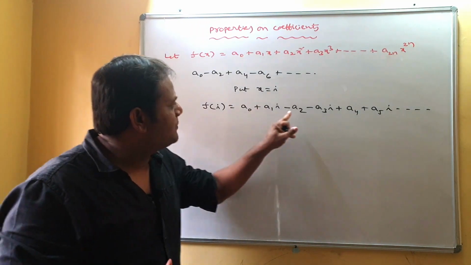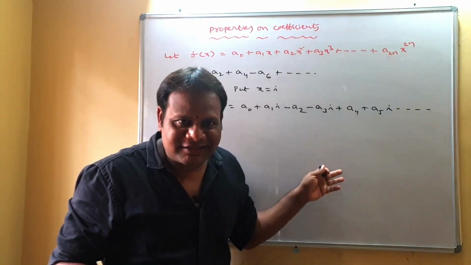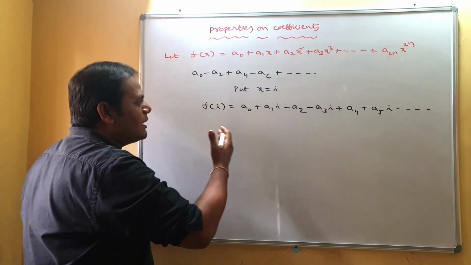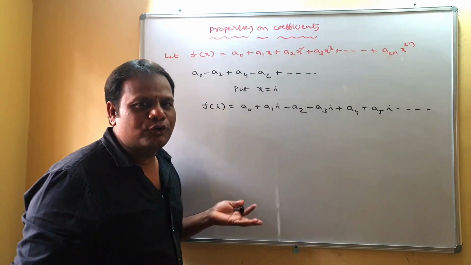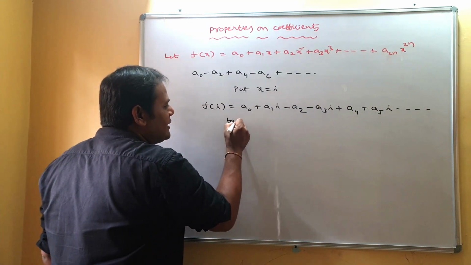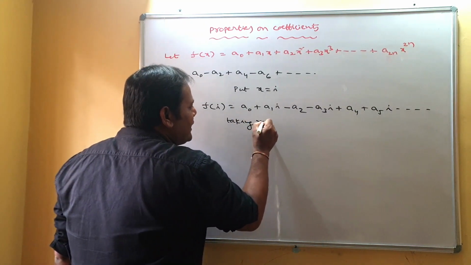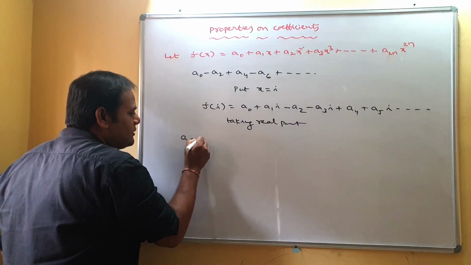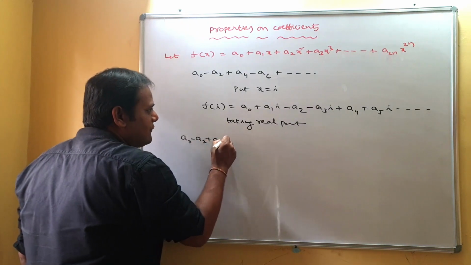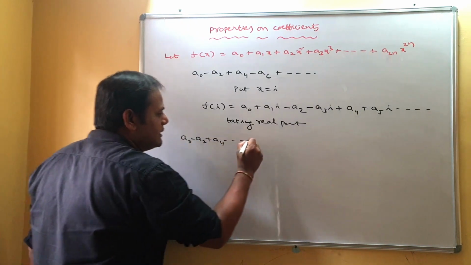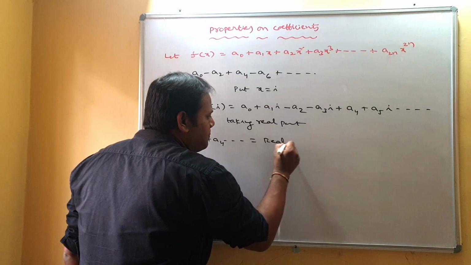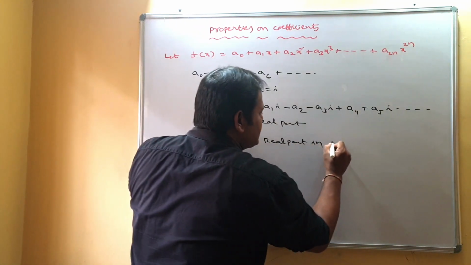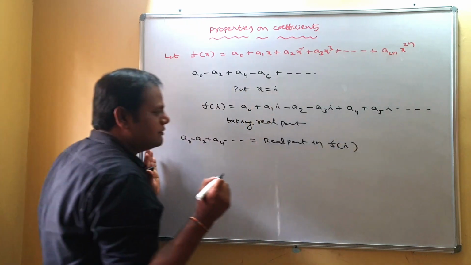We want a0 minus a2 plus a4. Are they real terms? Yes, you take real parts on both sides. So taking real parts, a0 minus a2 plus a4 minus so on is equal to the real part of the left hand side expression, that is f of i.